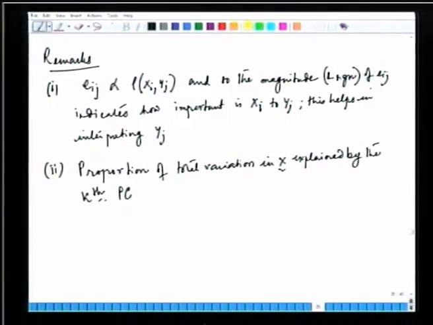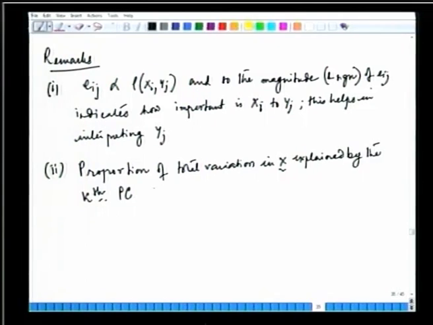What is the total variation in x? It is the sum of the eigenvalues, and the variation explained by the kth principal component is nothing but its variance, and that is equal to lambda k. So, the proportion of total variation in x explained by the kth PC Yk is equal to lambda k by the sum of lambda i from 1 to p.